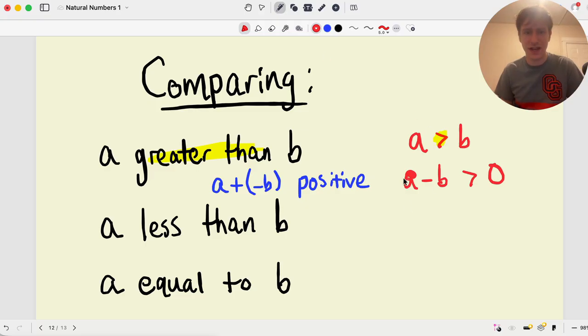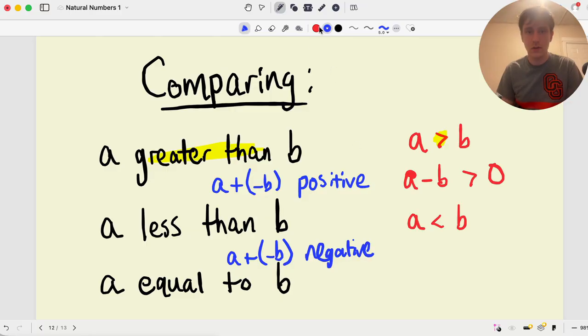Likewise, I'm not going to spend as much time on the other cases. If B is greater than A, that means that A is smaller or less than B, which means that if I take this quantity right here, this is going to get me a negative number, which means that A minus B is going to be less than 0.